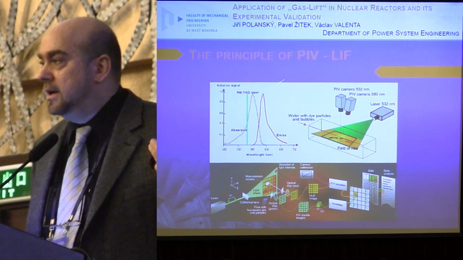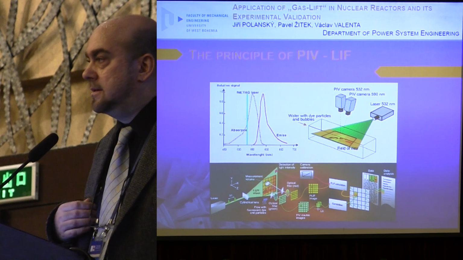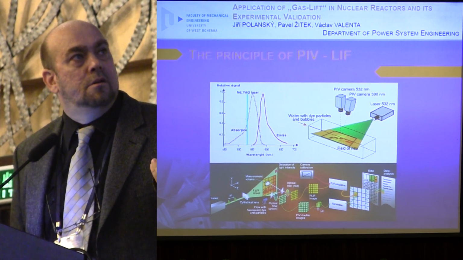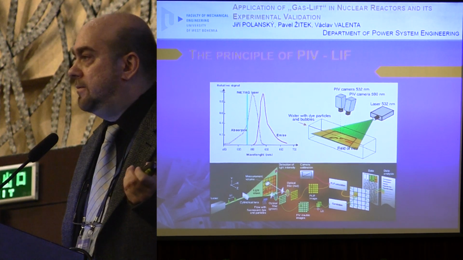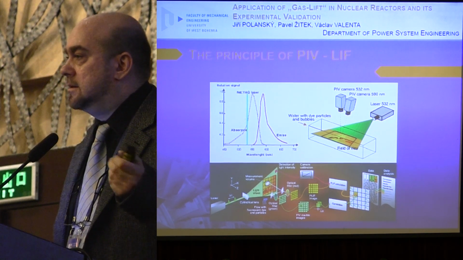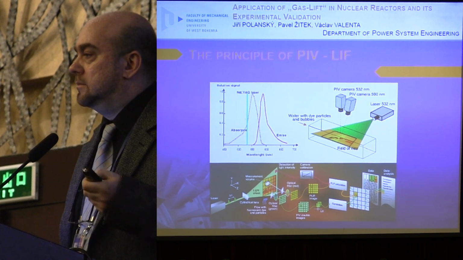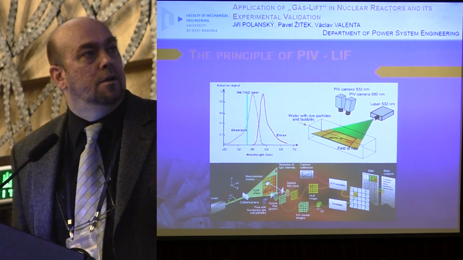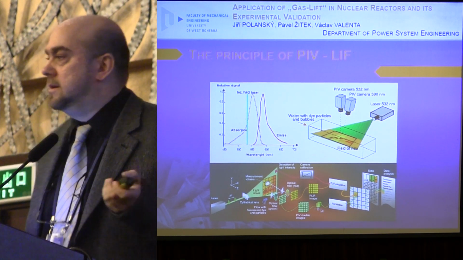Then we can recognize both phases; we can distinguish the gas phase from the liquid phase. Using rhodamine, it is also possible to measure the velocity field because the light is sensitive to temperature or concentration. Also, a very complex calibration is necessary for this method.